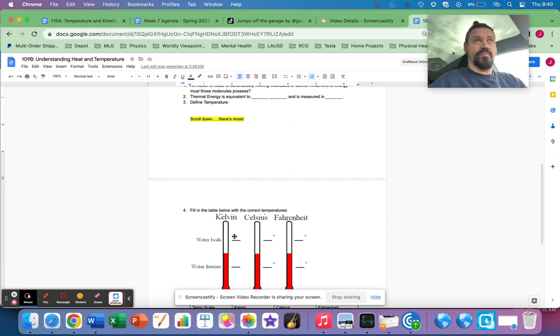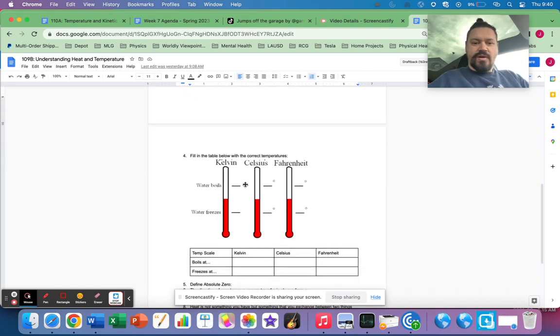So higher temperature, more vibration. Lower temperature, less vibration. On the Celsius scale, water boils at 100 and freezes at 0. Fahrenheit boils at 212 and freezes at, let's see, 32. And the Kelvin scale is like the Celsius scale, but shifted by 273.